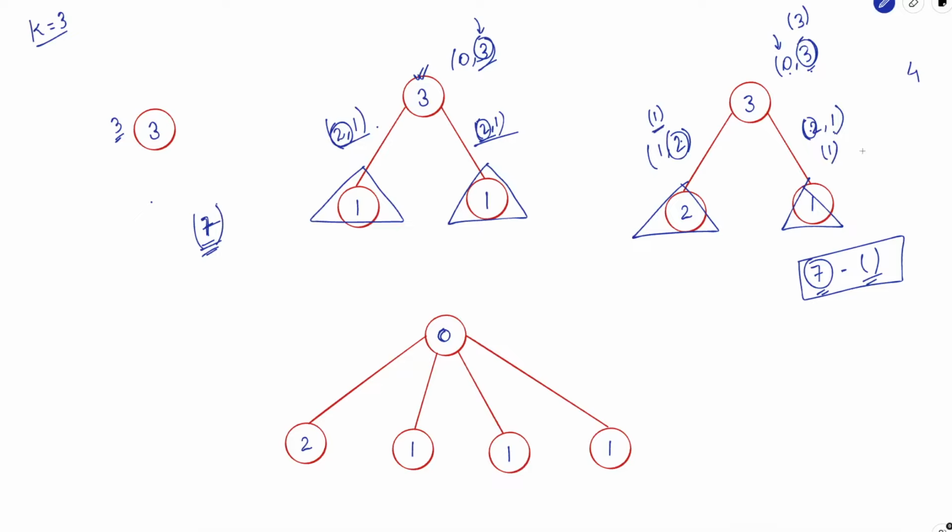Now the question is how I am saying that compromising any one of them will make the answer feasible. The answer is in the fact that if you compromise here, that means you are saying I will take the value here.